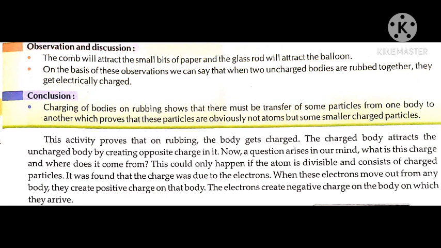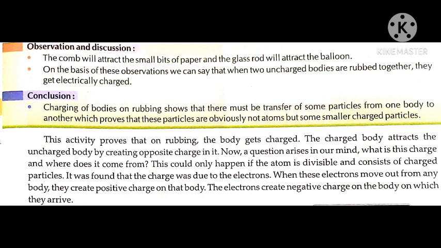On the basis of these observations, we can say that when two uncharged bodies are rubbed together, they get electrically charged. From that, we conclude charging of bodies on rubbing shows that there must be transfer of some particles from one body to another, which proves that these particles are obviously not atoms but some smaller charged particles.